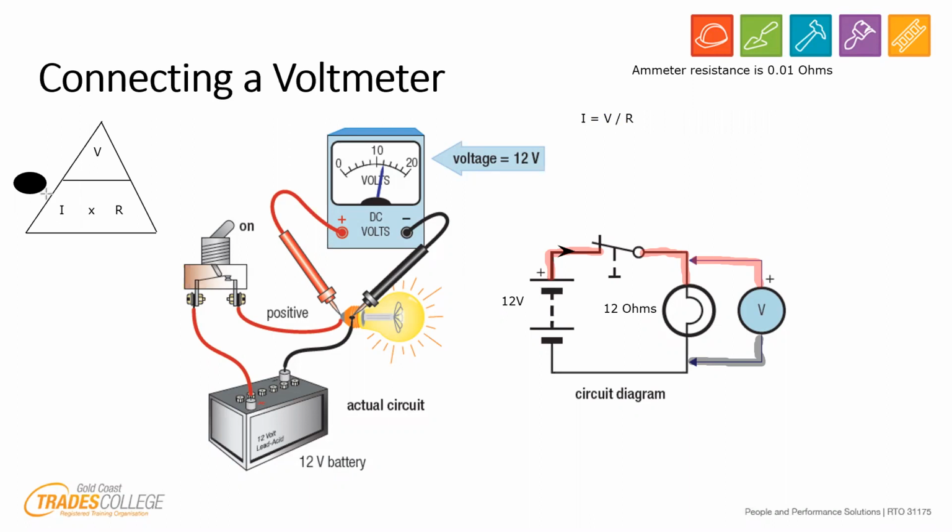If I want to work out I, I cover it, and it leaves me with V over R. So nice and easy: 12 over 12 leaves me with 1 amp of current flowing. So I'll write that in there too. 1.